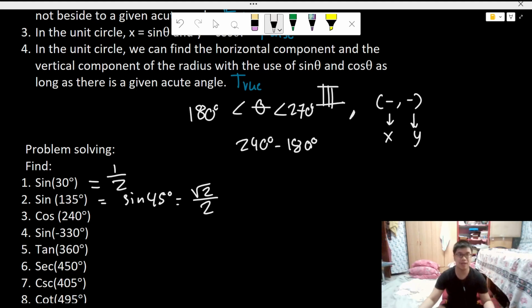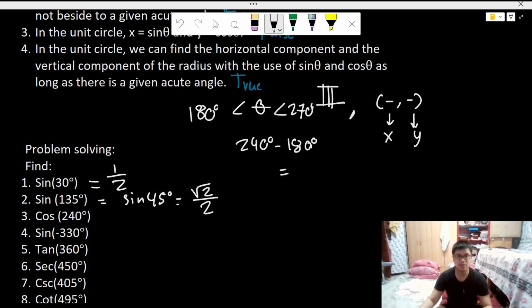And of course, don't forget it must be positive. I forgot to mention that. First, take a look at the angle. Is it positive or negative? Positive. Second, where is it located? Third quadrant. Now, if it's in the third quadrant, what will you do with your given angle? You're going to subtract 180 from it. And remember that your ordered pair has two coordinates that are both negative.